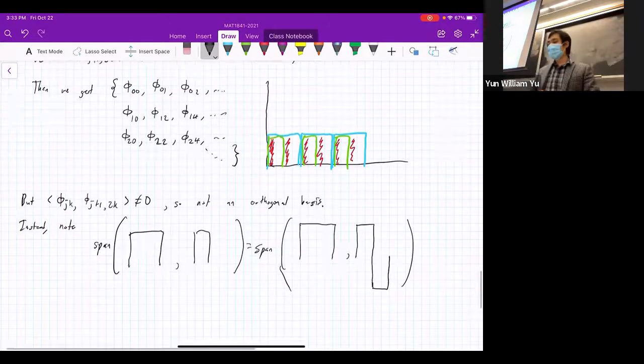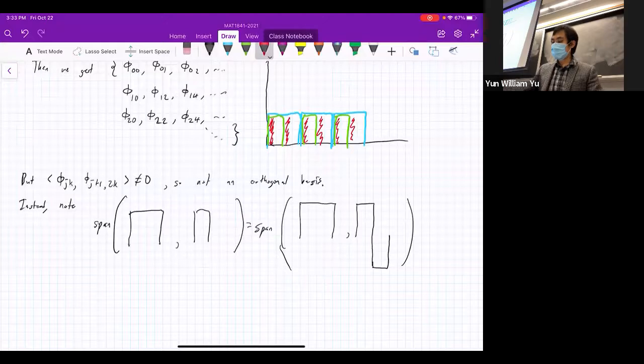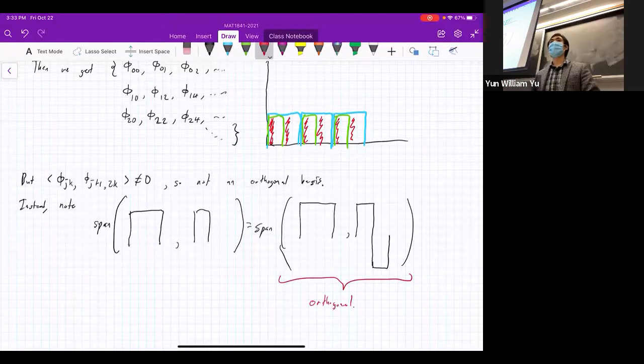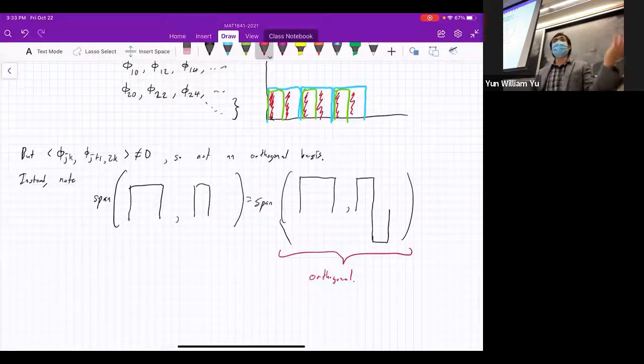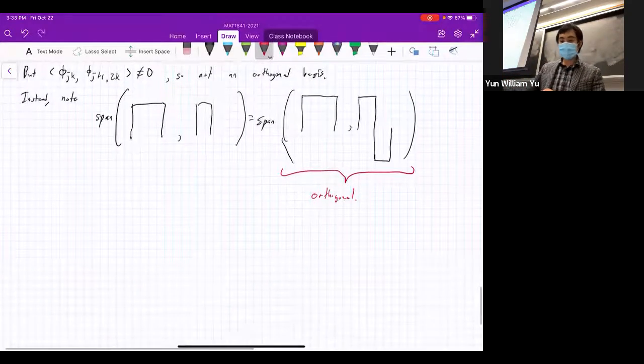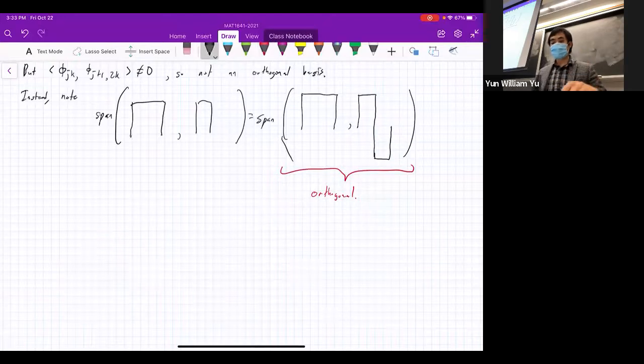We're just taking things and subtracting them out with each other. The nice thing is you'll note that this set is actually orthogonal, because when you multiply these together, half of it's positive and half of it's negative. You take the integral, you get 0, and so then you're happy. That gives us basically the full set of things that we're going to be building in order to get an orthogonal basis.